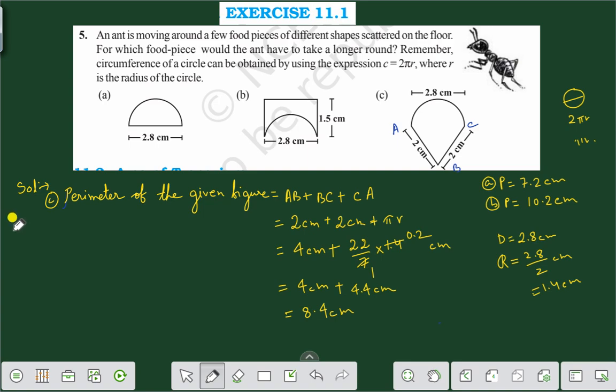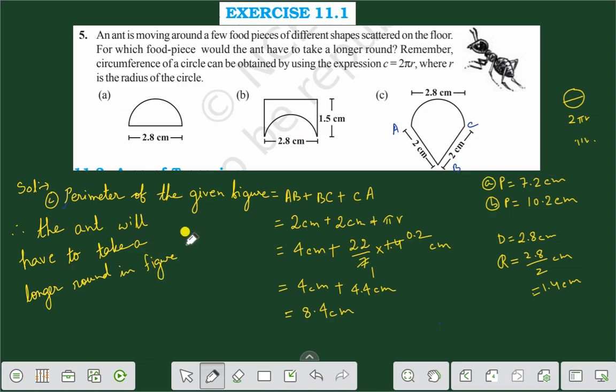Therefore we can write: for which foot piece the ant will have to take a longer round, in figure B, because the perimeter of B is highest, that is 10.2 centimeter.